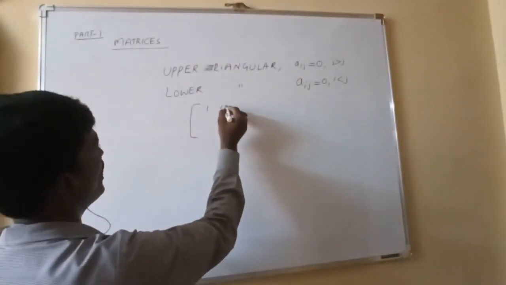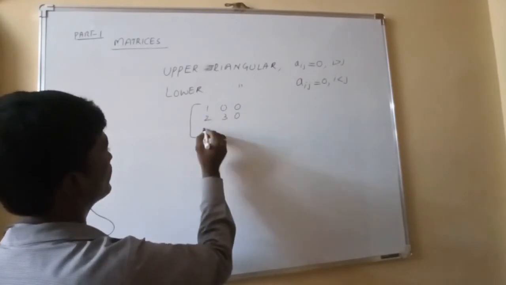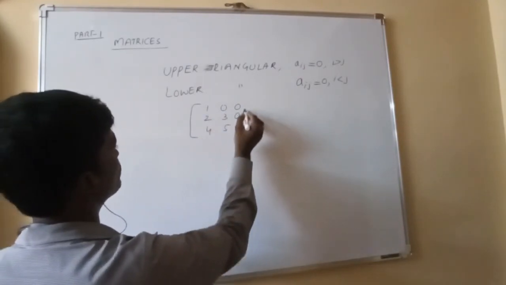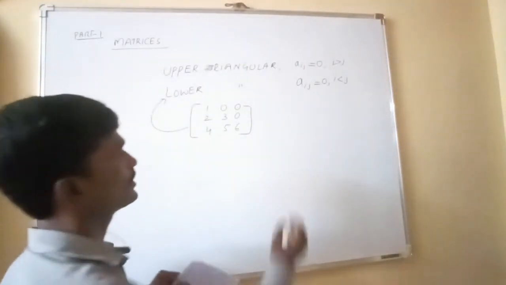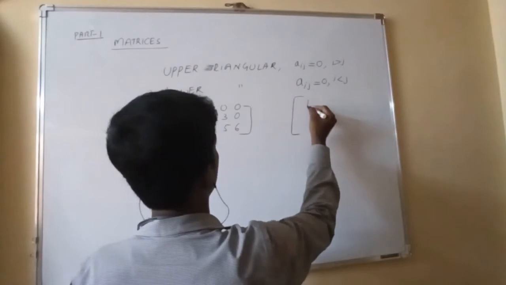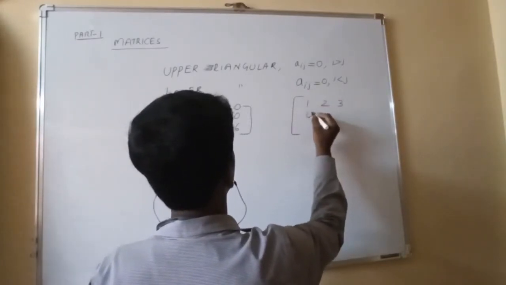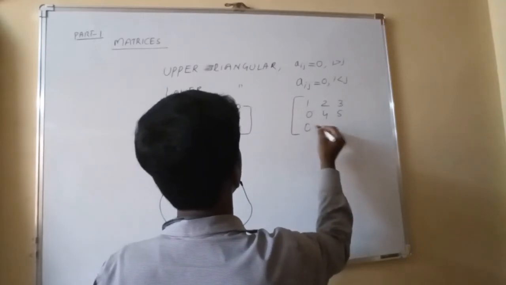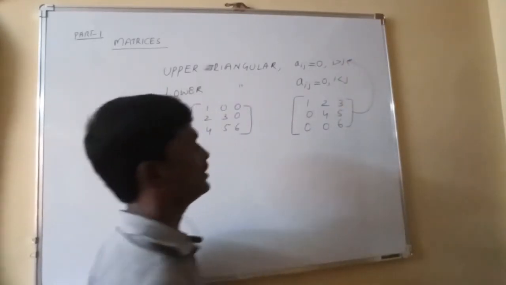For example, 1 0 0, 2 3 0, 4 5 6 is an example of a lower triangular matrix. Next, the upper triangular matrix: 1 2 3, 0 4 5, 0 0 6 is an example of an upper triangular matrix.